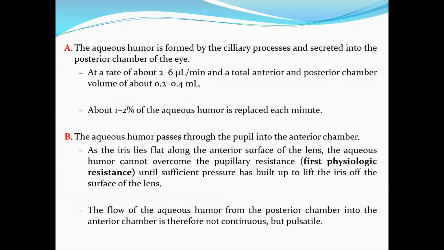This is a bulk flow pressure-sensitive route, so that increasing intraocular pressure will increase outflow. The second one is uveoscleral drainage: 10% of aqueous passes across the face of the ciliary body into the suprachoroidal space and is drained by the venous circulation in the ciliary body, choroid and sclera.